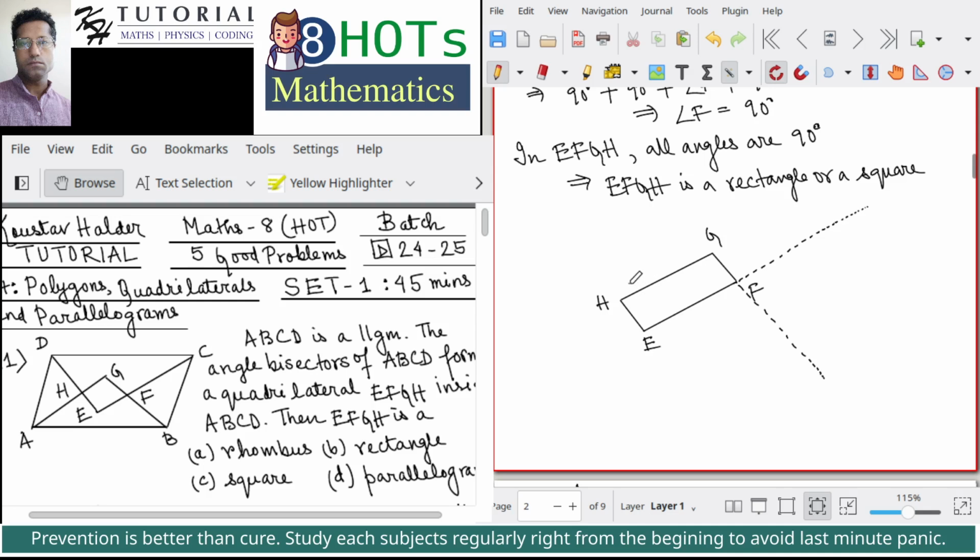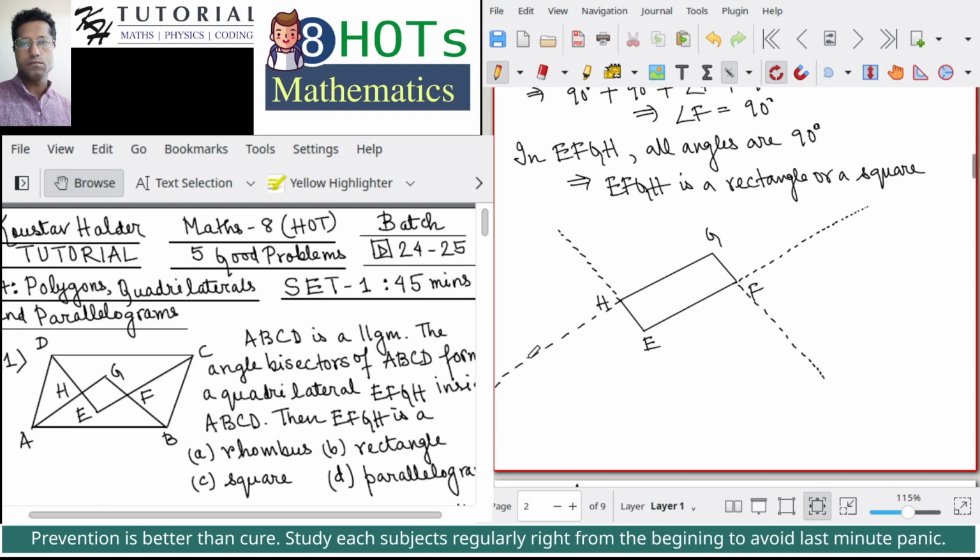Similarly, the side HE is formed by the angle bisector of angle D of the parallelogram, and finally the side HG will be formed by the angle bisector of the angle A of the parallelogram ABCD. Now I need to form the parallelogram ABCD. Now how can I form it?